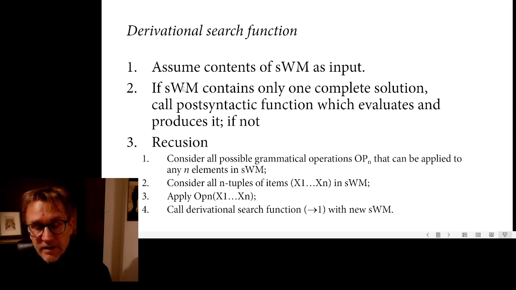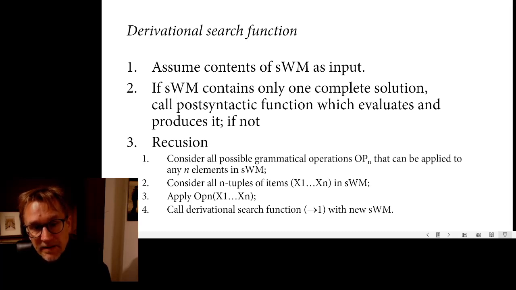this one here, we will simply check if we still have to perform some operations. If there is more than one phrase structure in the working memory, then we know that something has to be done. This is not yet a finalized solution. But if not, then we call what I call the post-syntactic function.